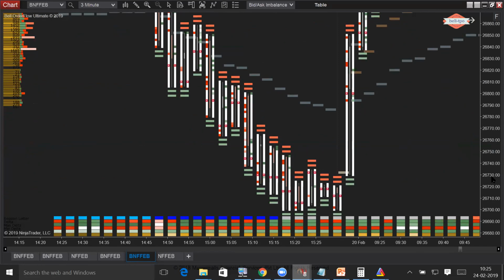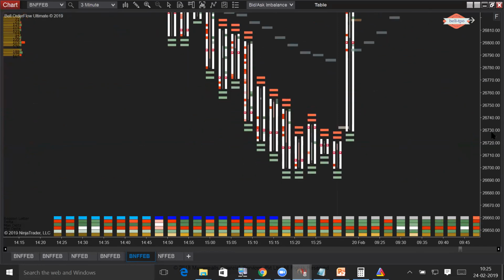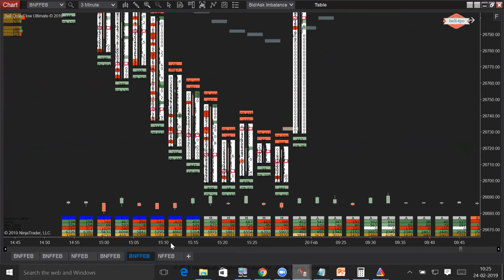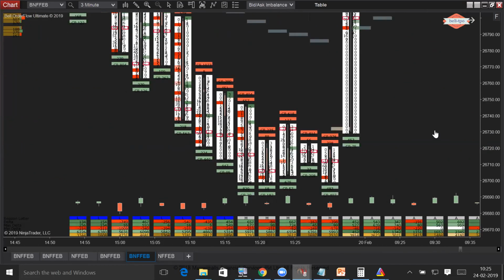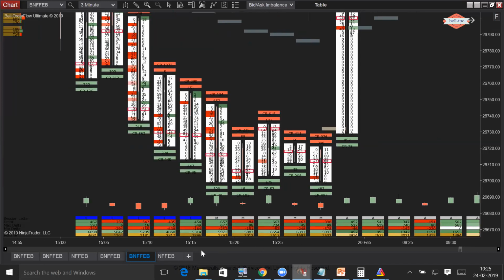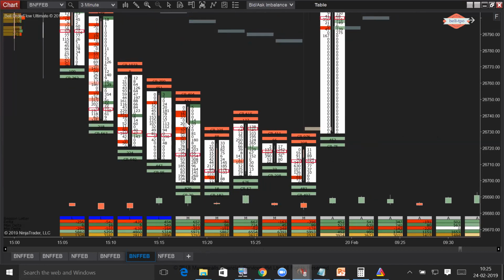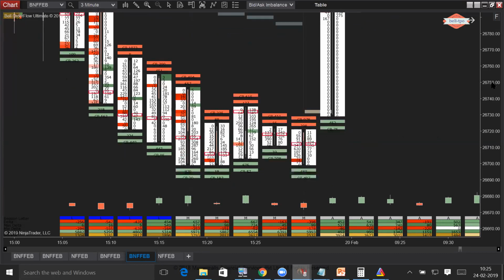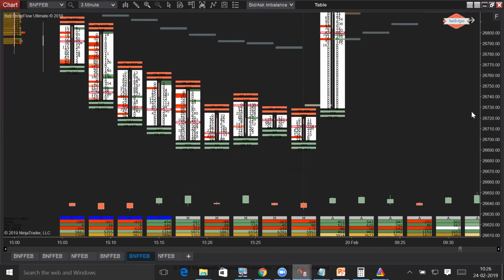Yeah, here. There's one case where I'm able to spot one. Look into this candle. This candle was hitting a day low, right? And the delta is positive, right? It's a day low, and the delta is positive. So it's one case where we can spot a delta divergence.